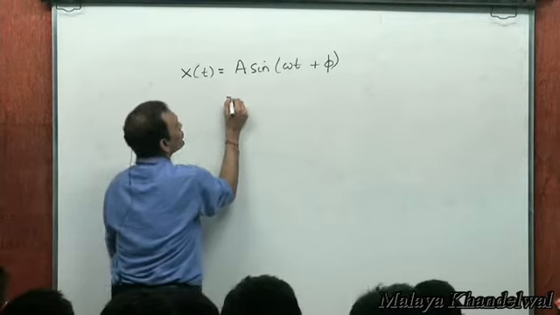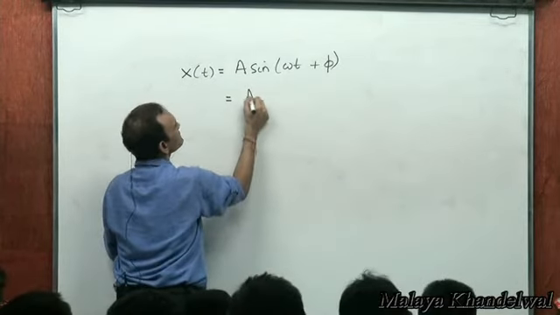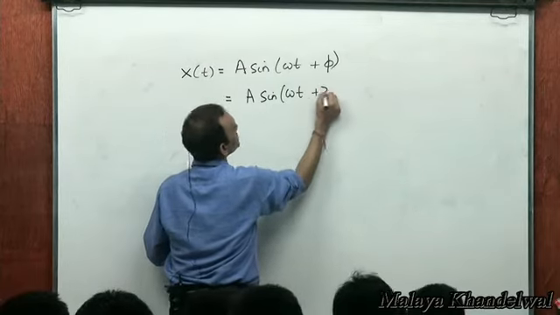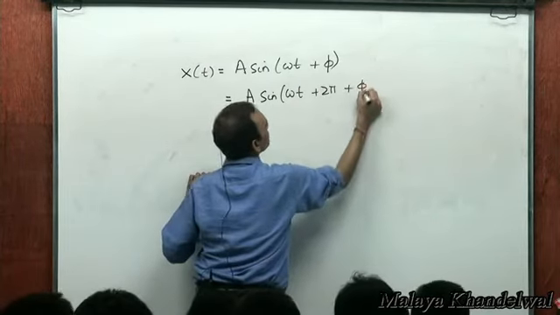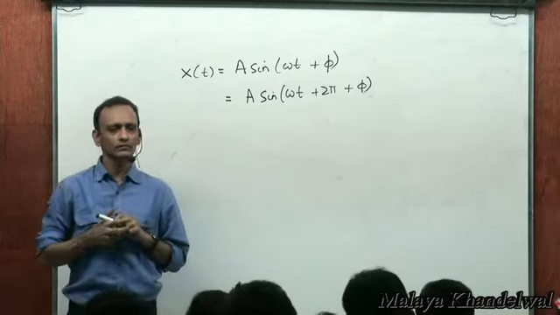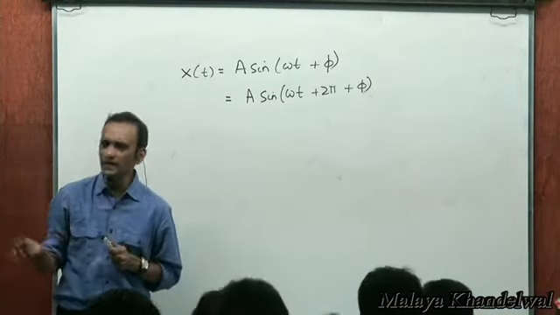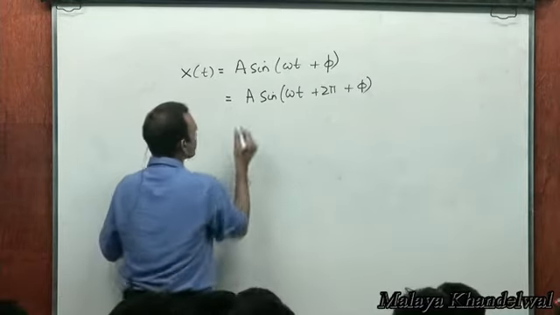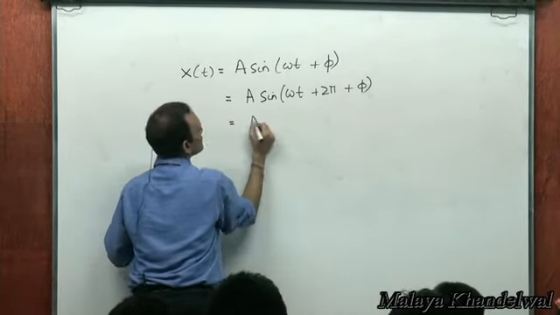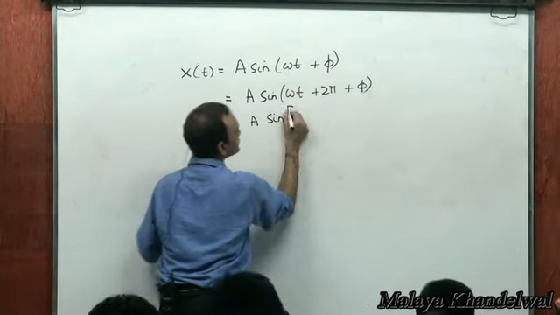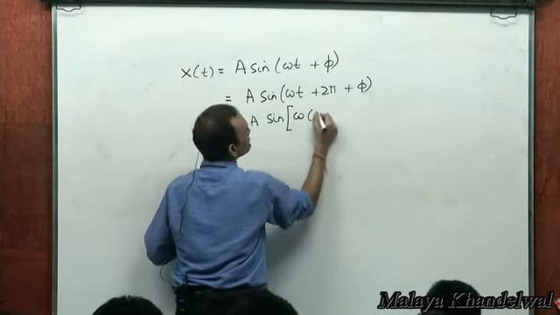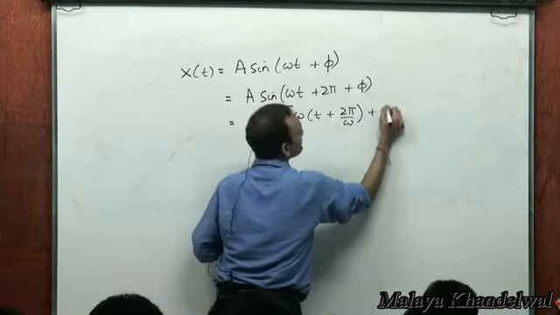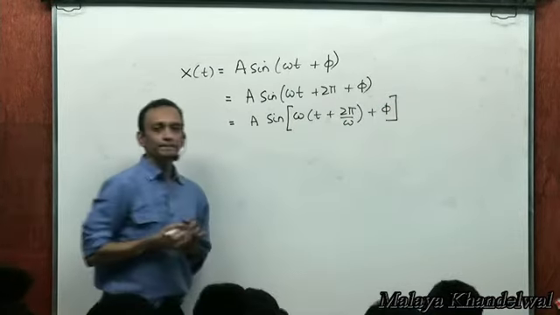Now, do you realize it could have been written as a sine omega t plus 2 pi plus phi? The sine will remain the same if I add 2 pi to the angle, right? This is like x equal to a sine omega t plus 2 pi by omega plus phi, right?